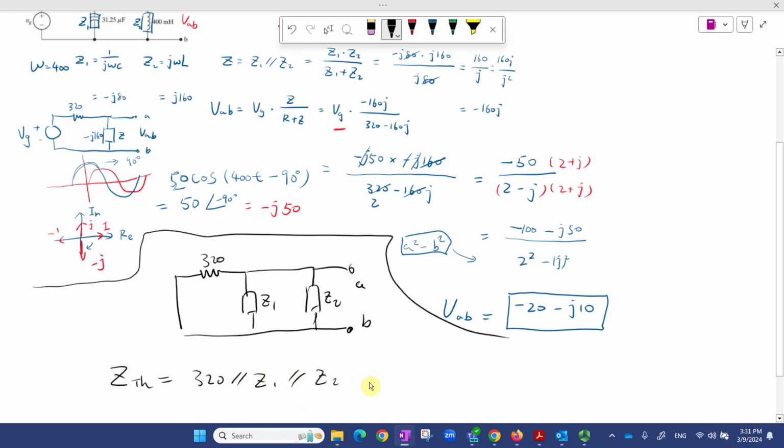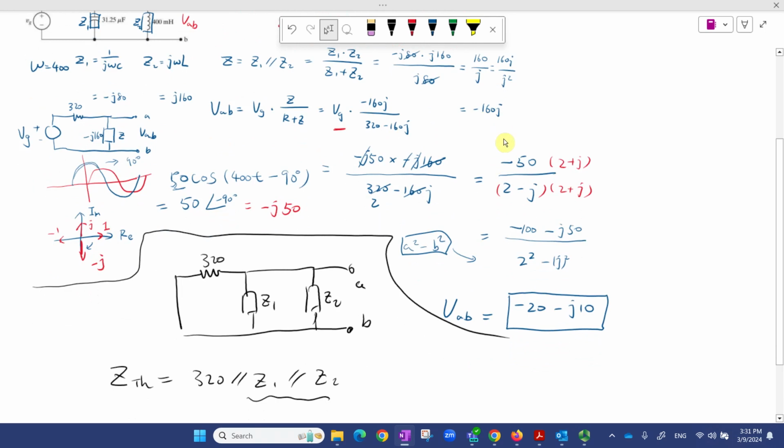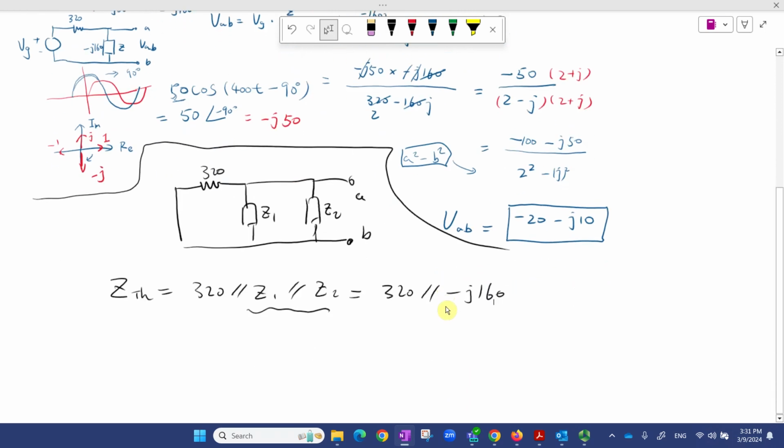We already know Z1 parallel with Z2 is something we already did here, it's negative j160. So we can just make it equal to 320 in parallel with negative j160.